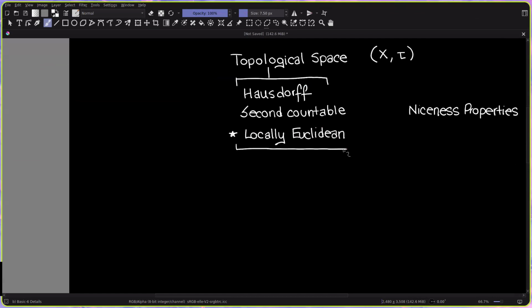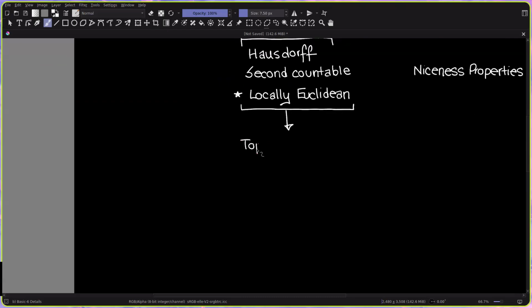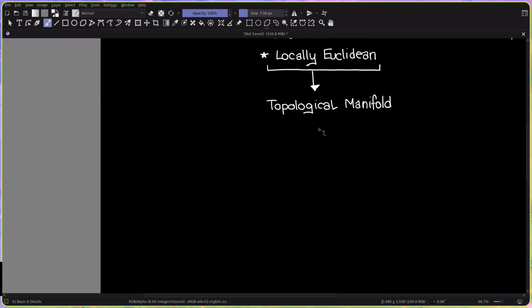Once we add these three properties, we get something called a topological manifold. A topological manifold is still that kind of stretchy space, but we've excluded a lot of spaces where some odd behavior happens that will prevent us from doing sensible geometry.